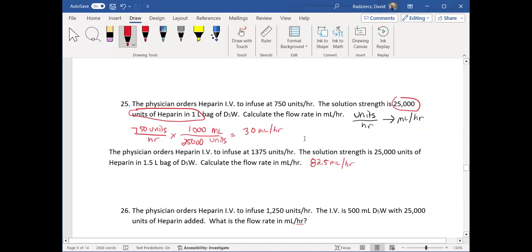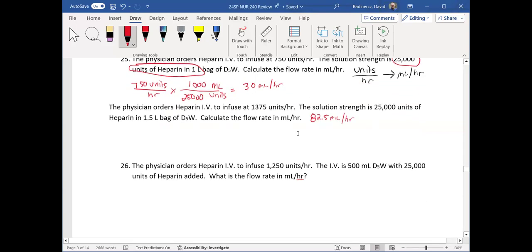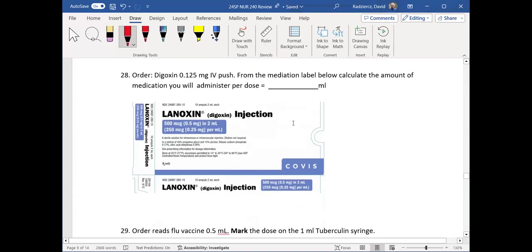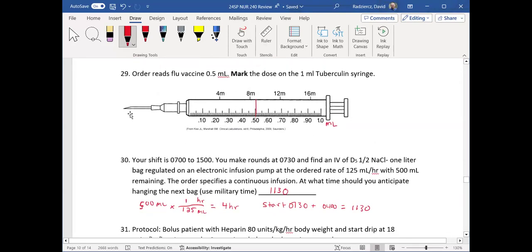All right, let's look at 29. Good, perfect. All right, so you can see I already answered this. What you need to know is, first of all, I don't know what these M's mean. But it tells us it's a 1 mL tuberculin syringe.